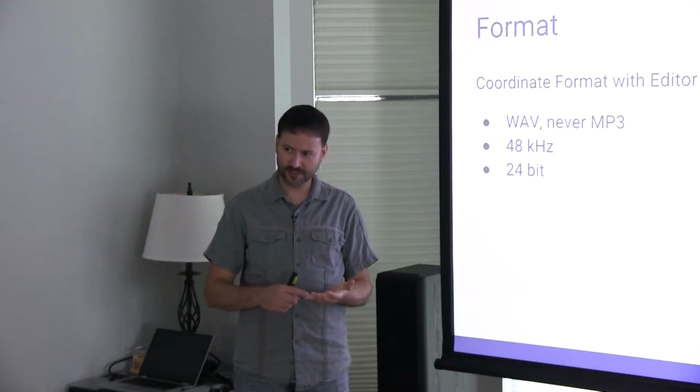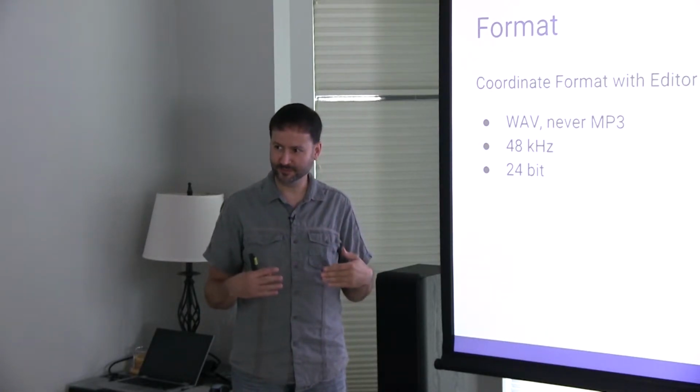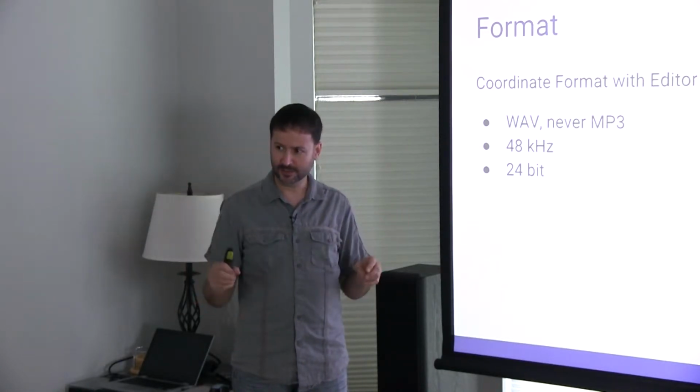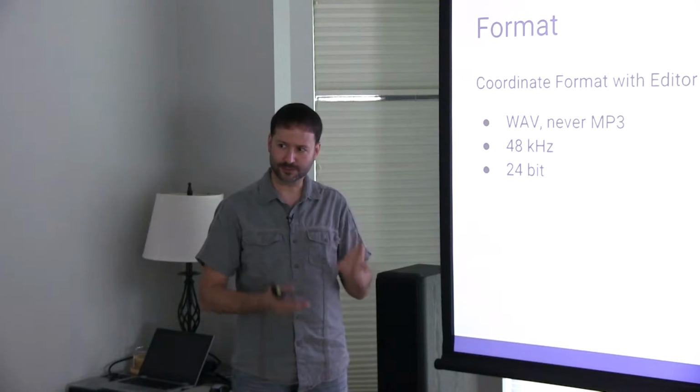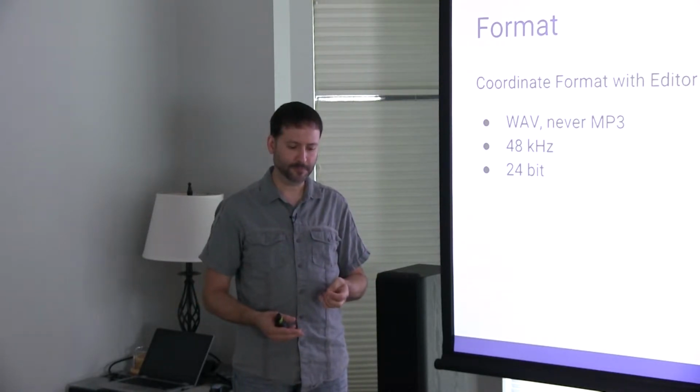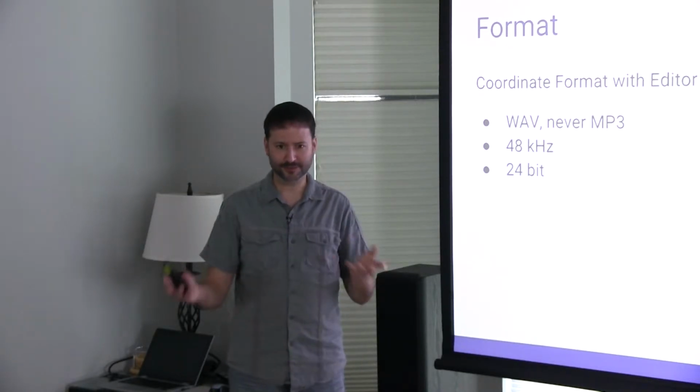So he's going to increase or decrease the volume. He's going to EQ. He's going to raise or lower different frequencies within the file. He may do a low pass filter or something like that.